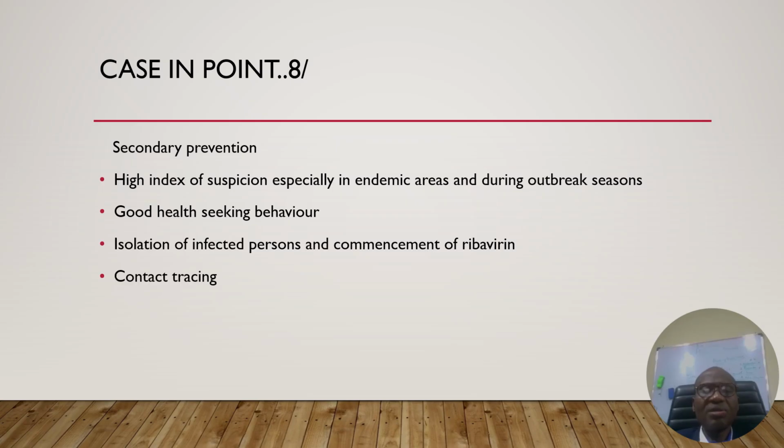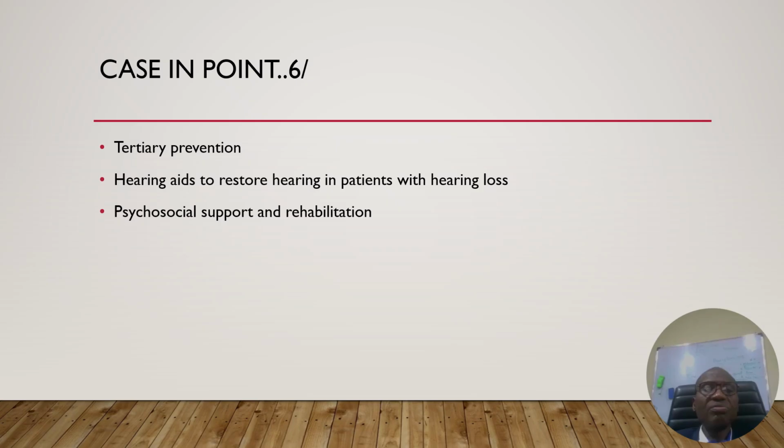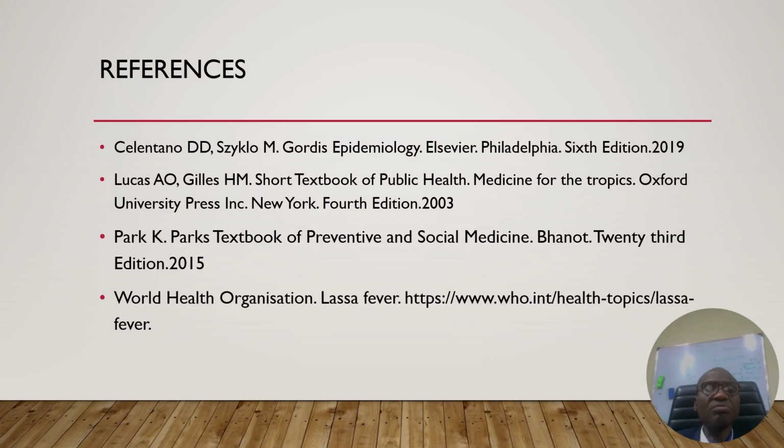Contacts need to be listed as potential cases and followed up for 21 days, taking temperature every day, checking for signs of the disease. For those who develop complications like hearing loss, hearing aids, though expensive, can be used. Psychosocial support is very important, especially in communities where stigma is an issue.